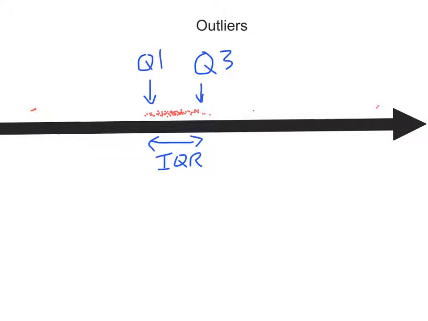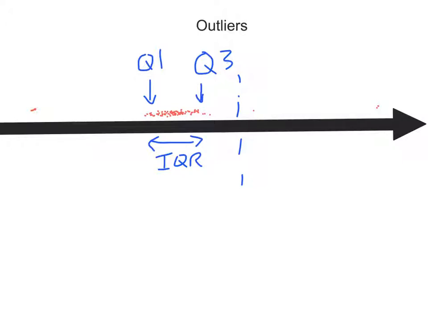Consider this IQR space right here, this distance on the number line, from Q3. If we start at Q3 and we go 1 IQR distance over to the right, then it might be somewhere in this region. That's a dashed line. So that's 1 IQR away.